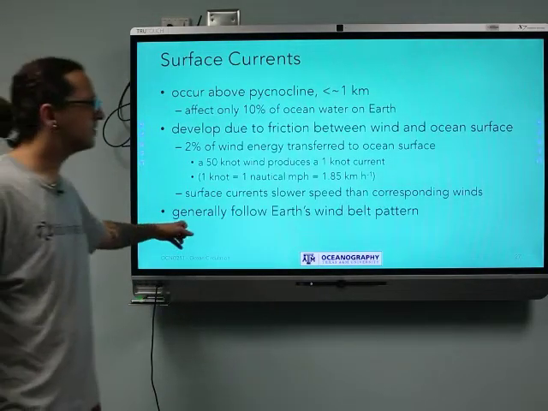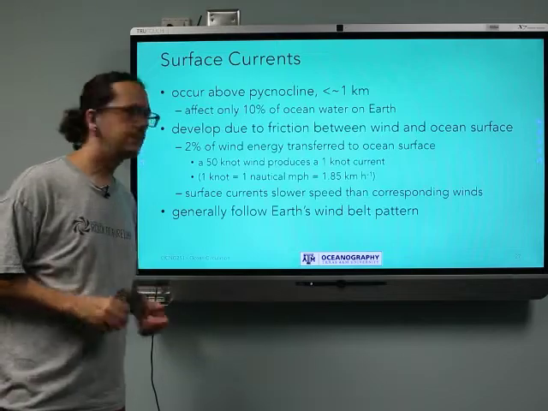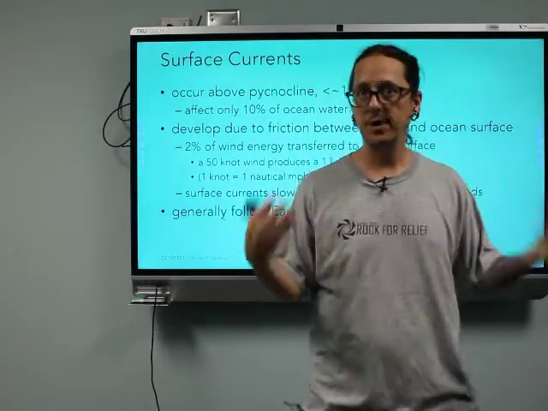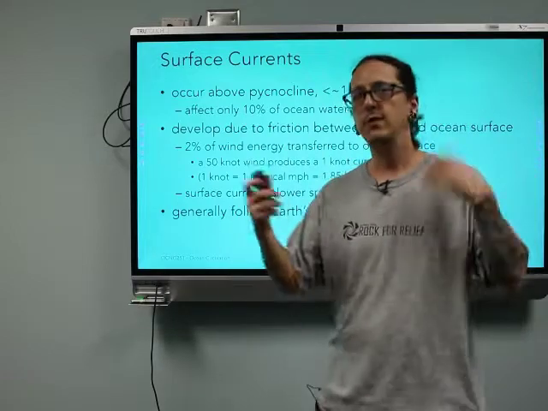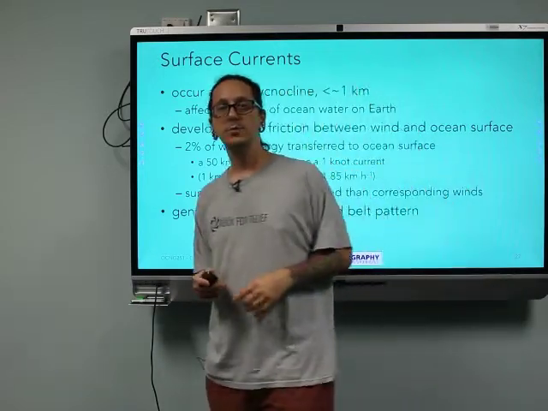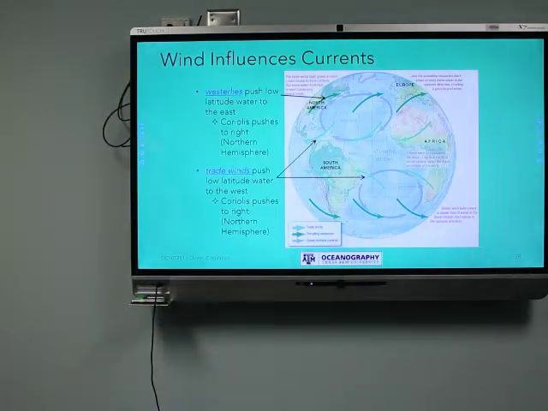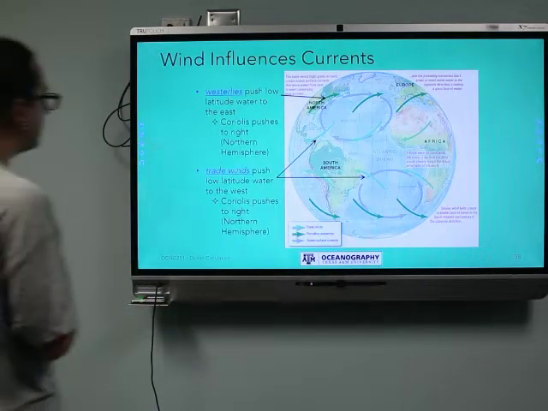So surface currents generally follow the Earth's wind belt patterns, and this is because surface currents are primarily caused by the winds. Therefore, they're heavily influenced by where the prevailing winds are on a regular basis. So don't take my word for it.